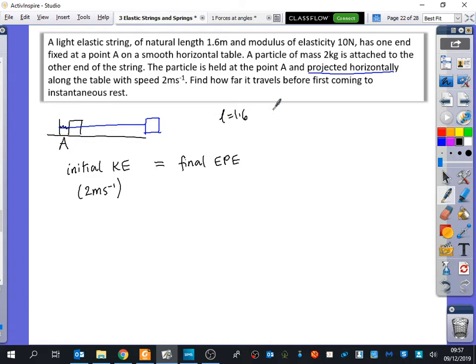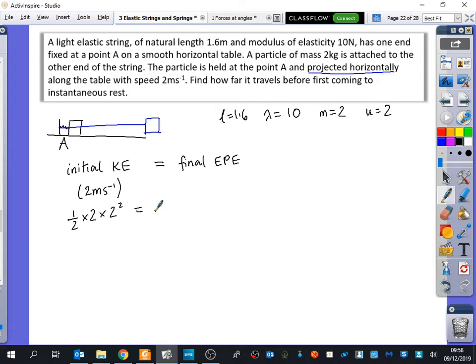Natural length, 1.6. Modulus of elasticity, 10. Anything else? Mass is 2. The speed was 2. So the initial kinetic energy is a half mv squared.